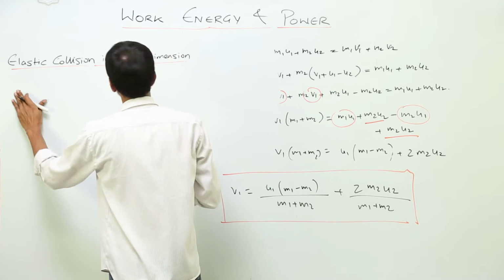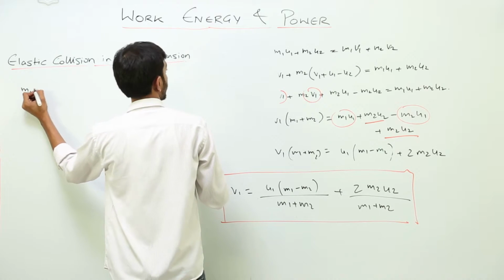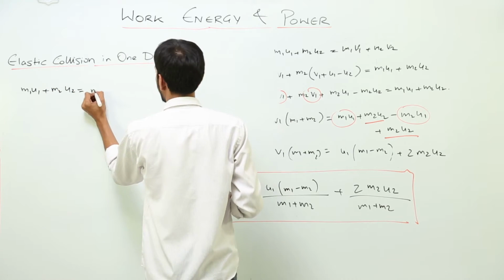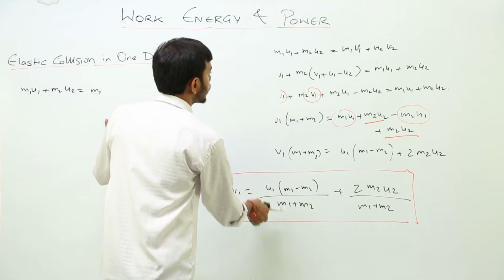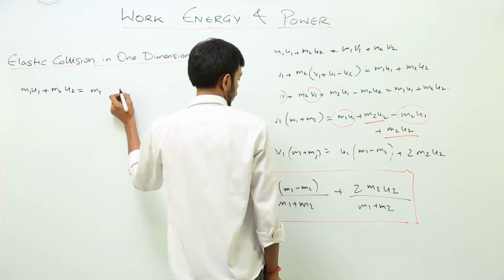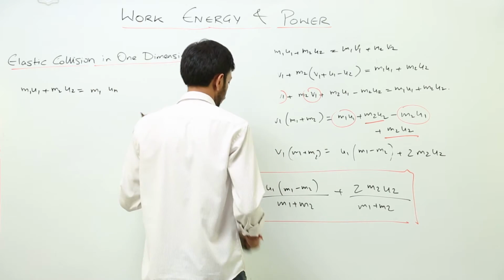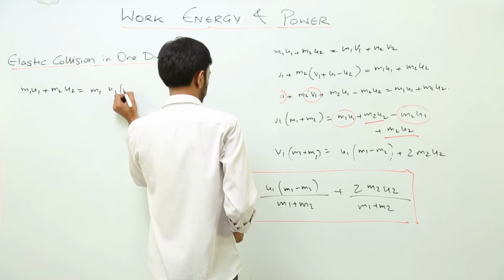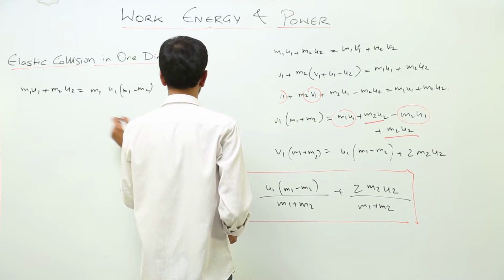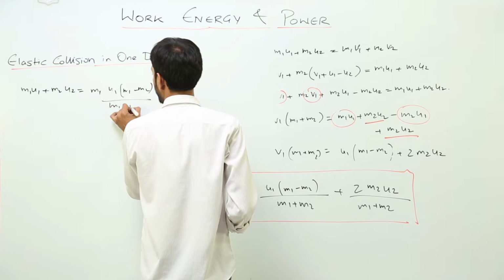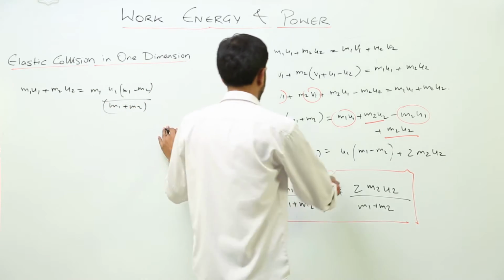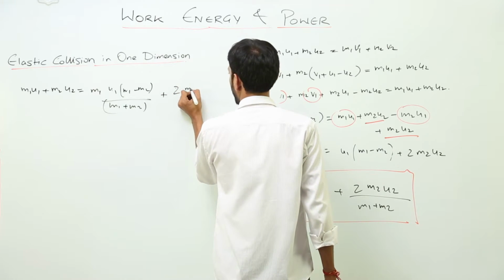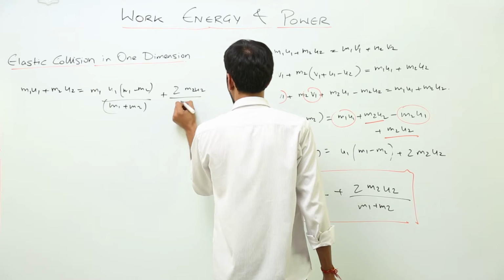So our equation was m1 u1 plus m2 u2 is equal to m1 times, instead of v1, I have got this, which is u1 (m1 minus m2) over (m1 plus m2) plus twice m2 u2 over (m1 plus m2).